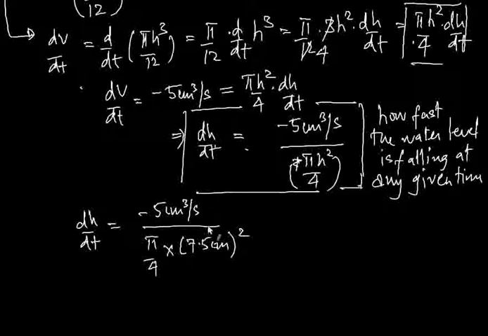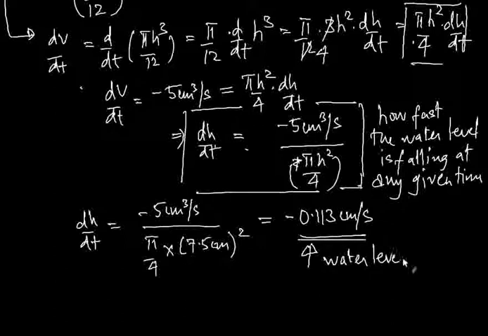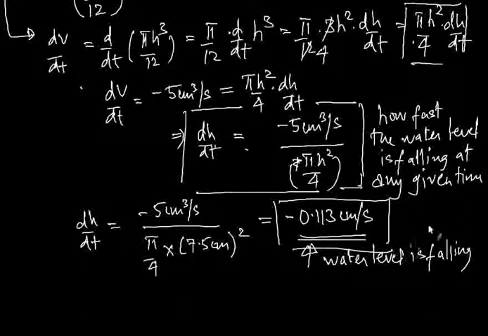You can do this using a calculator, and this turns out to be minus 0.113 centimeters per second. So this is how fast the water level is falling when the water level is 2.5 centimeters from the top. This is the value that we were looking for, and this is the answer to this particular question.